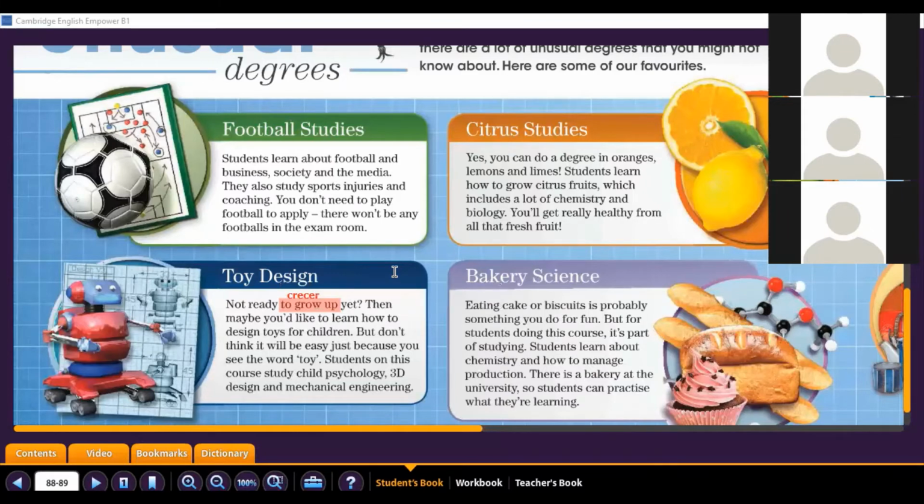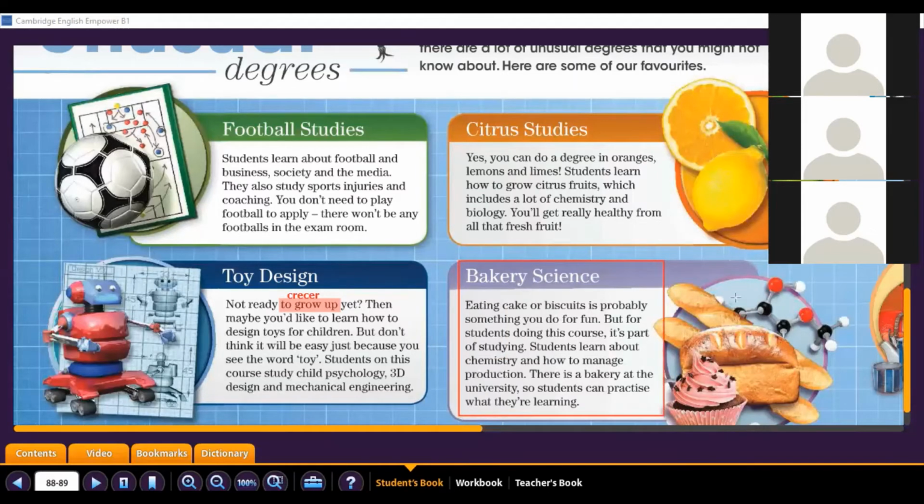Then you would like to learn how to make toys. Y esta carrera es acerca de cómo fabricar juguetes. But don't think they are easy because you need to study psychology, 3D design, and mechanical engineering. Sí, no es tan fácil como parece. Hay que estudiar ingeniería mecánica, diseño 3D, and also psychology.